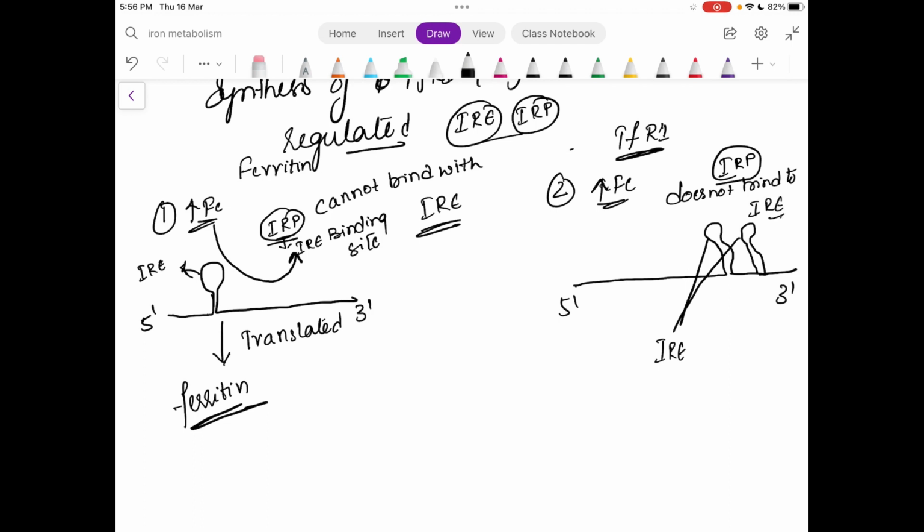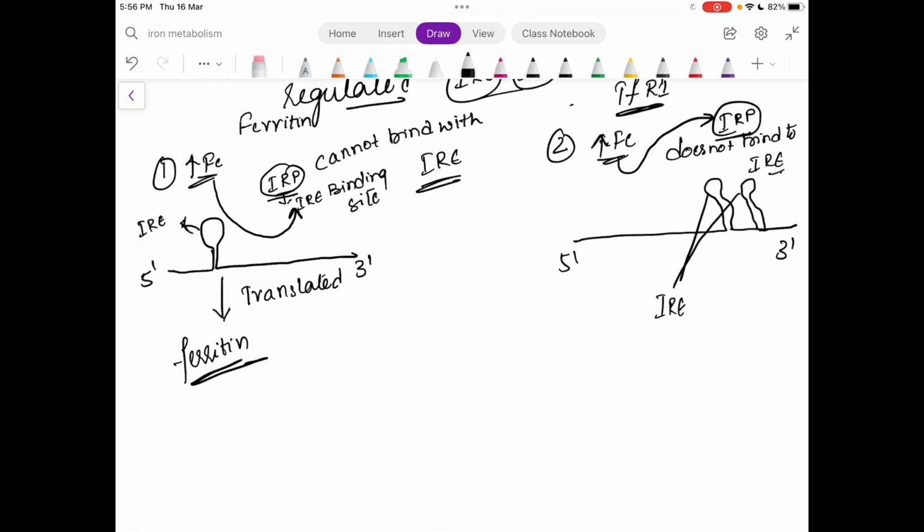Same thing, increased iron levels cause binding of iron to the IRP at the IRE site, and it prevents binding of IRP to IRE on the transferrin receptor site. Okay, transferrin receptor 1 iron response element.